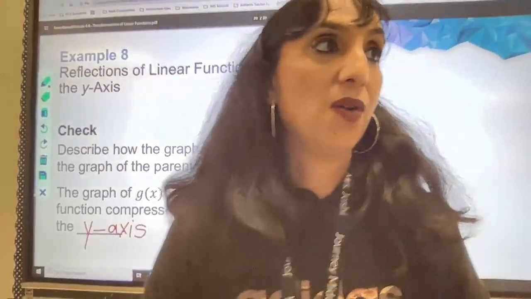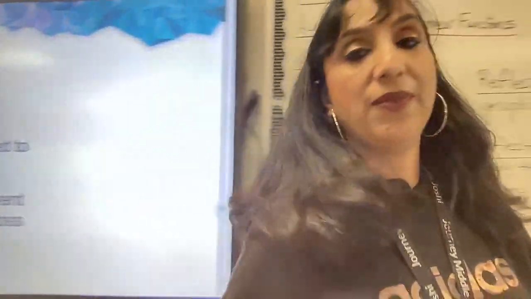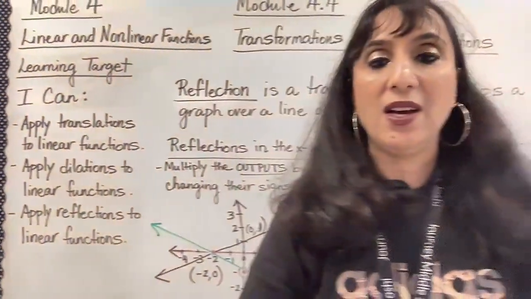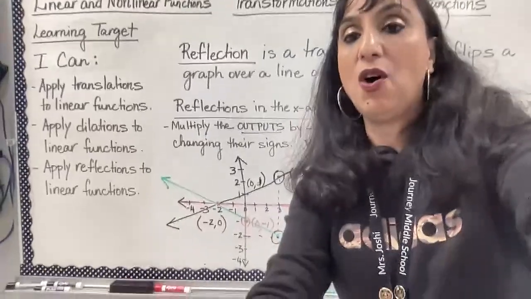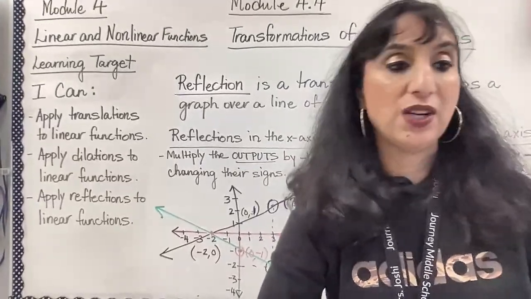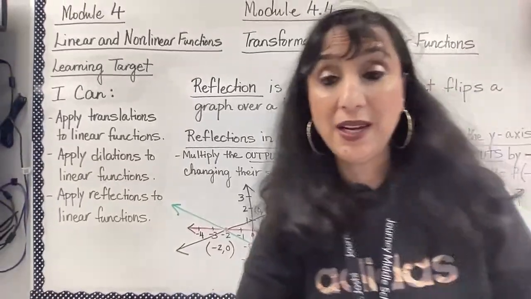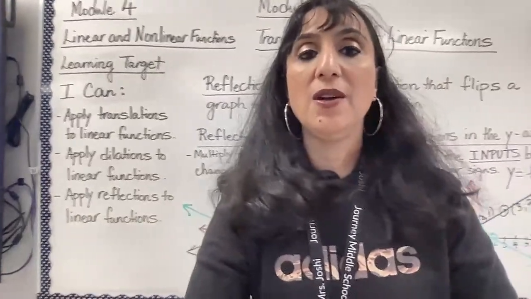All right, so that's basically the reflections, everything that we have done in 6th grade, but now all that we're doing is we are transforming it to a line and to a linear function.